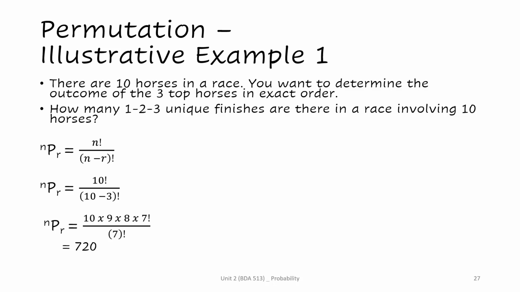When you are given a scenario, you have to determine whether what you are being asked is an ordered list or a group. If you use permutation for a combination scenario, you'll get it wrong, or the other way around.